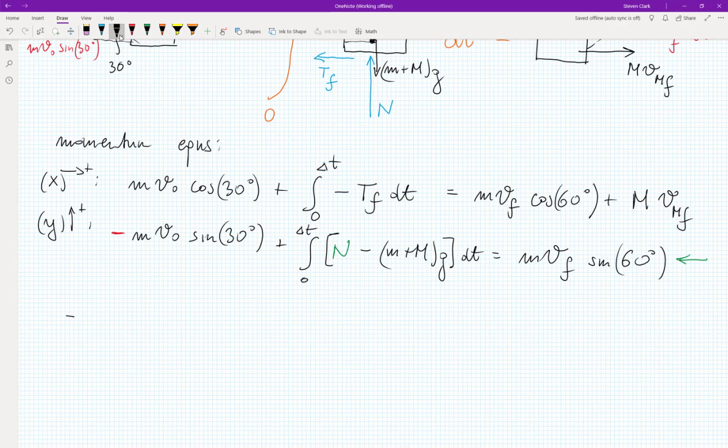So in here we will have minus mv0 sine 30 degrees plus first integral minus the other integral.